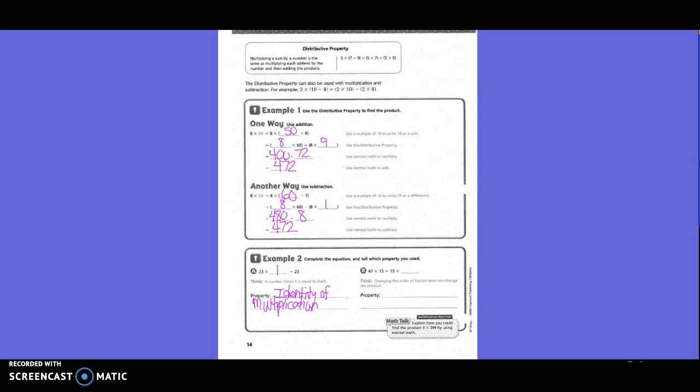Alright, so then on letter B, they have 47 times 15 equals 15 times 47, right? So basically, they just changed the order. So is that commutative, associative, or identity? Commutative.